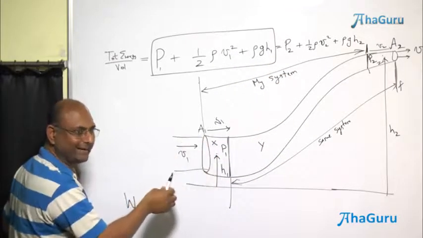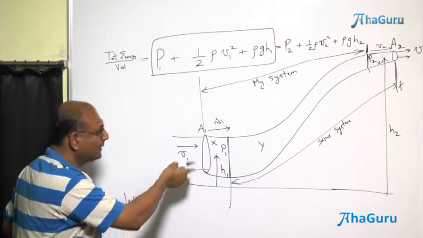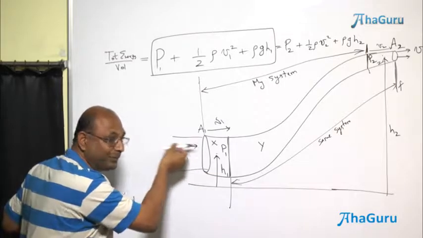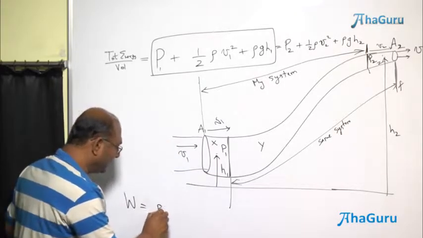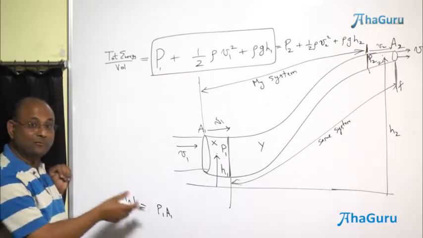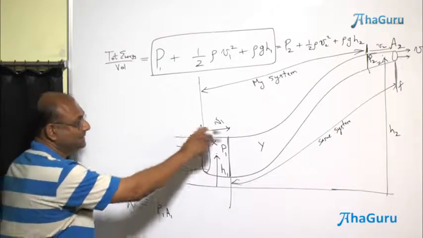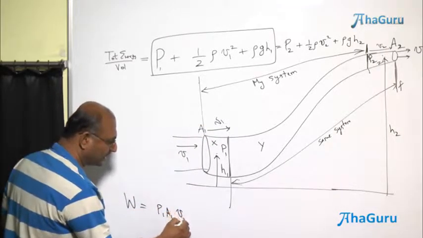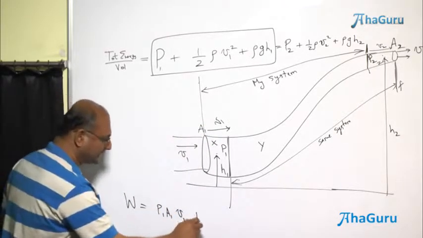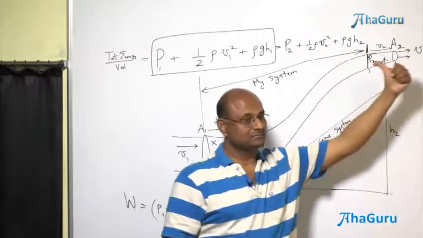In this 1 second, what is the force, by the way? A1 into P1. So P1 A1, but that's only the force. Work done is force into distance moved, displacement in the direction of force, V1. Plus work done by that force.